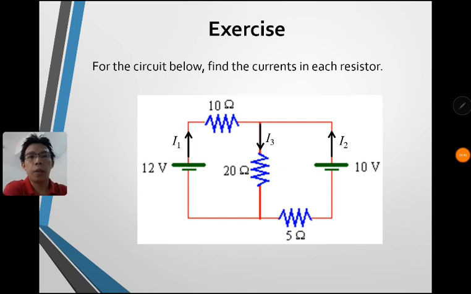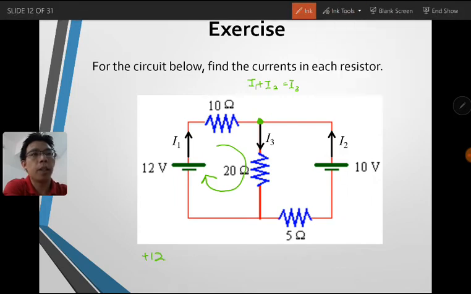Alright, let's do one more here. This one I'm going to go a bit faster. For Kirchhoff first law, I have this as the junction. So I1 plus I2 equals I3. I1 and I2 going in, I3 coming out. For Kirchhoff second law, we'll choose this direction for this loop. Therefore, we have 12 volt positive because it comes out from the positive of that.